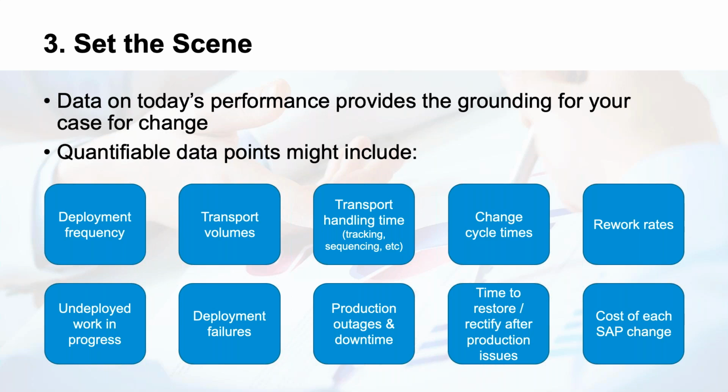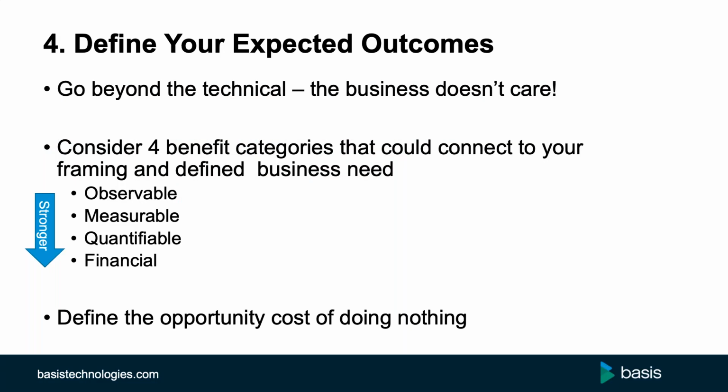So as we move then to the fourth stage, what is it that you would expect will be the outcome of your recommendation? It's important here that you go beyond the technical, and there's really four categories of benefits that we'll walk through in detail, that as you go kind of down that scale from observable, measurable, quantifiable to financial, they get stronger.